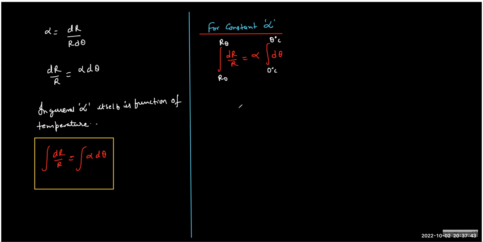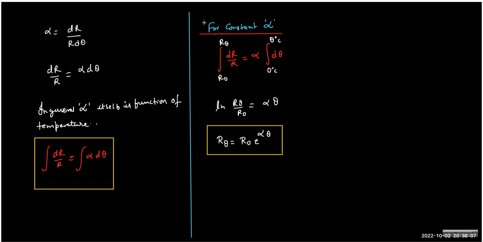And it's a very famous answer. ln of R theta by R0 equals alpha theta. So R theta turns out to be R0 e to the power alpha theta. In general, this is the formula, which is very much an exponential relation.